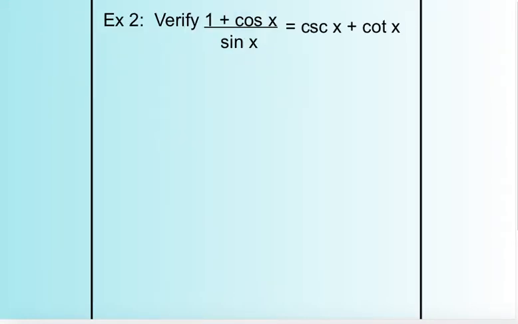Here's a second example. We want to verify that 1 plus the cosine of x over the sine of x equals the cosecant of x plus the cotangent of x. I'm going to start with the left-hand side and split this one large fraction into two separate fractions. So I have 1 over the sine of x plus cosine of x over the sine of x.